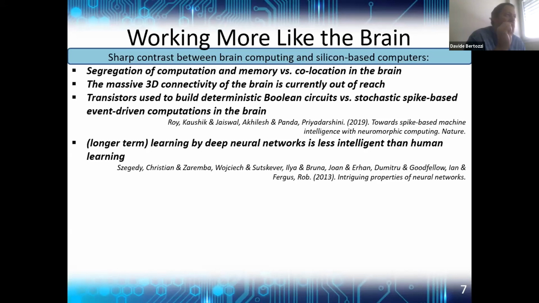With just a minor modification of the pixels of a street sign, you can fool the neural network that can interpret it as, for instance, an animal. What this tells us is that human learning is definitively more intelligent than deep neural network learning. But this is a complementary story, and I don't want to further consider that in this presentation. The focus of this presentation is clearly on the computing platform.